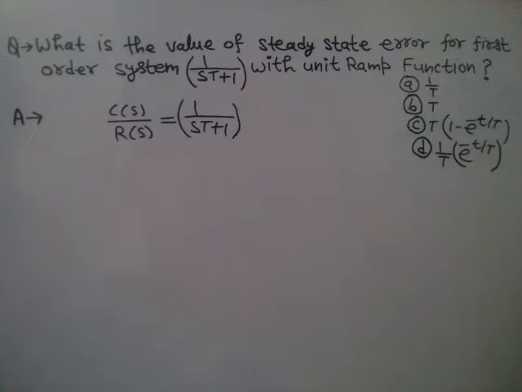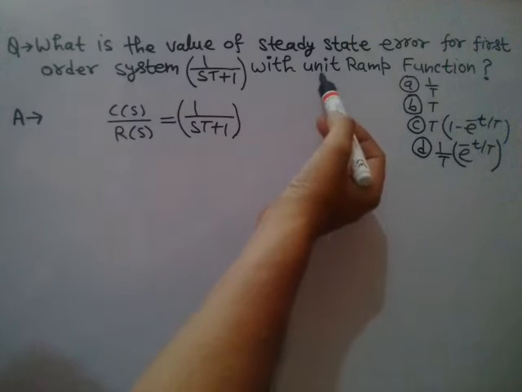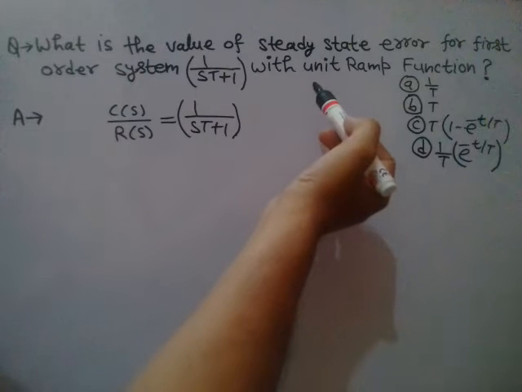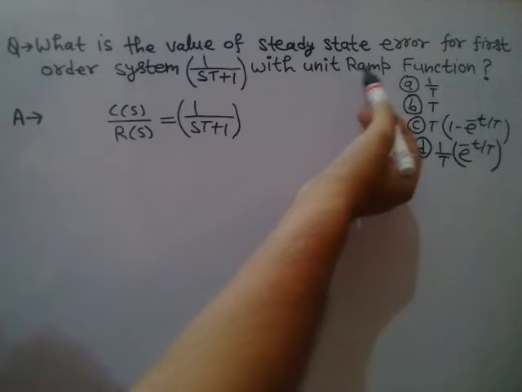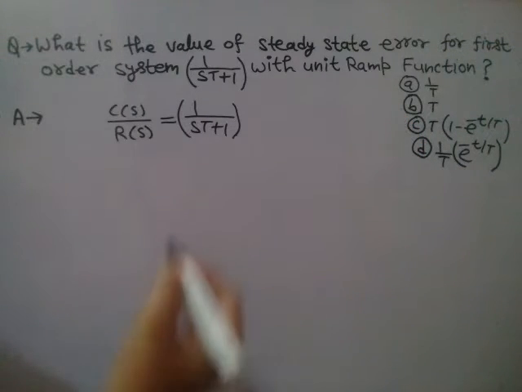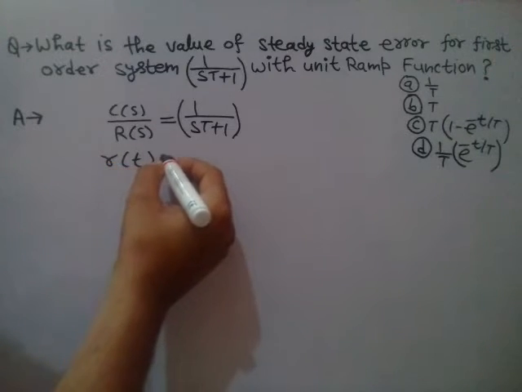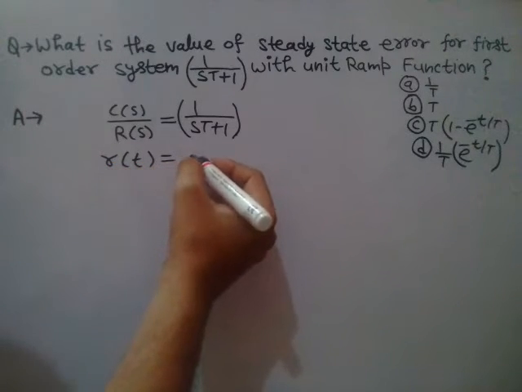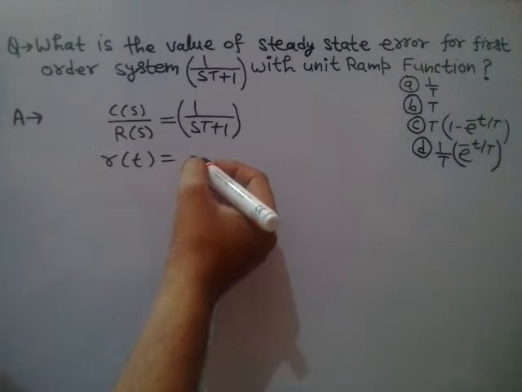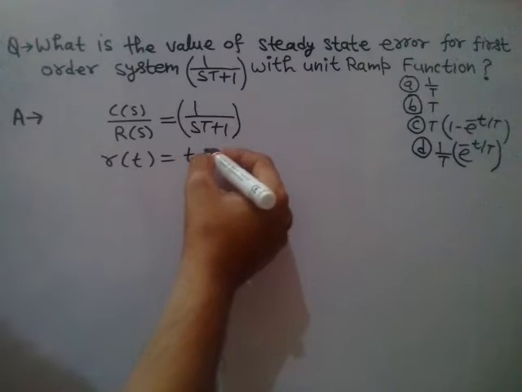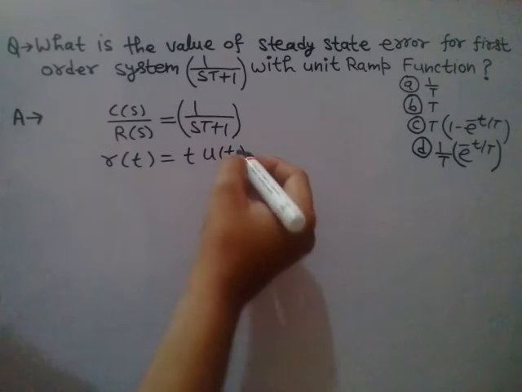Now the reference input is given as a unit ramp function. So here the reference input r(t) is a unit ramp function, that means it is t·u(t).